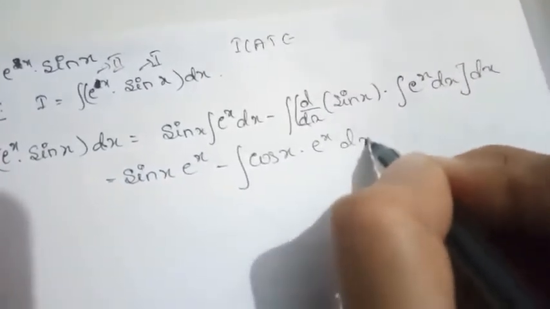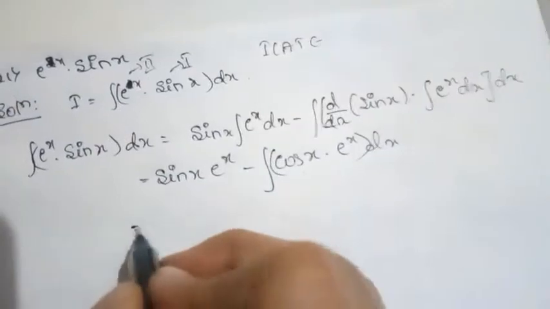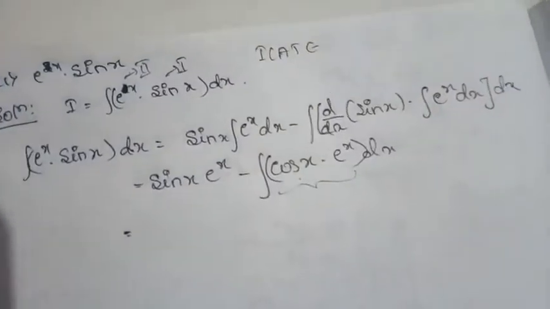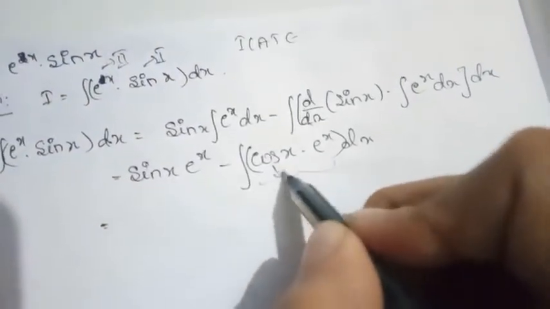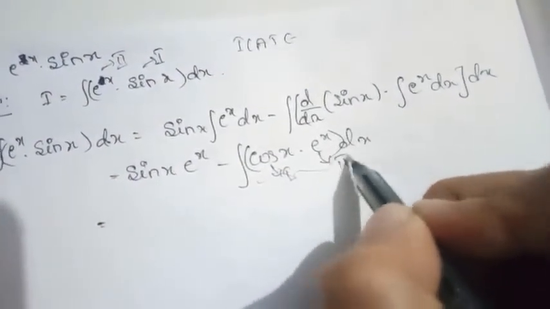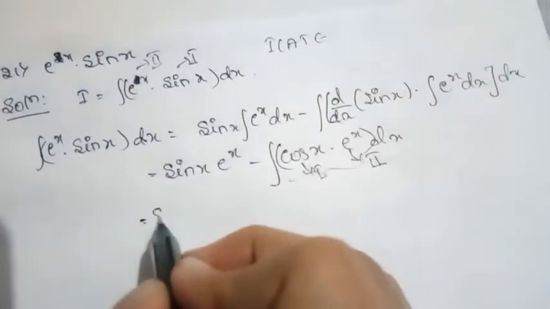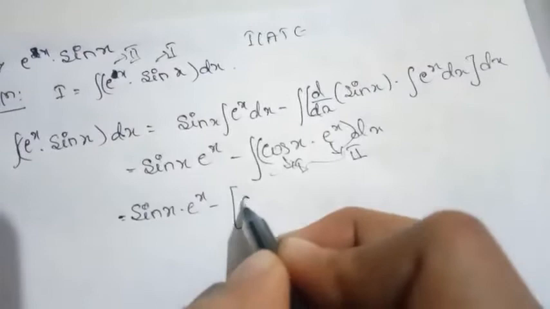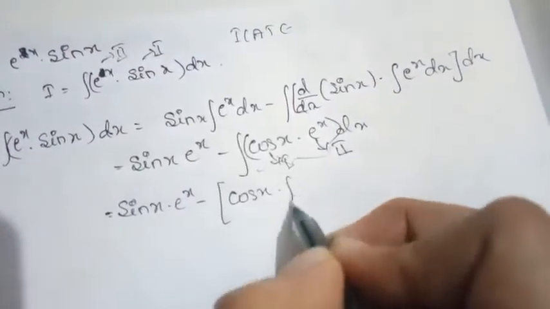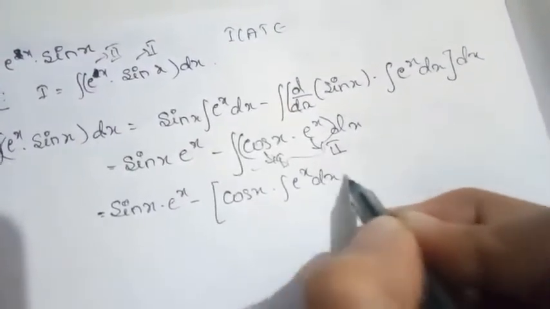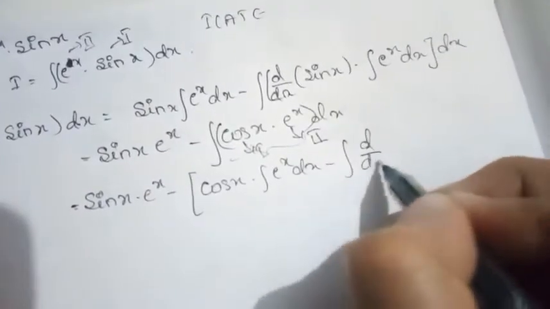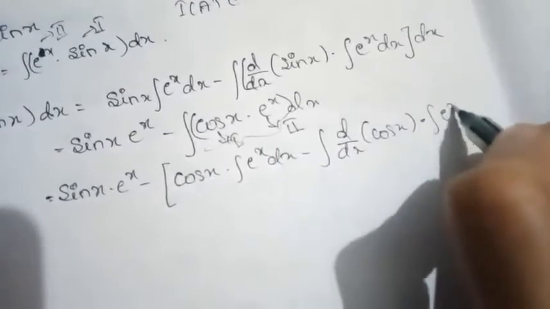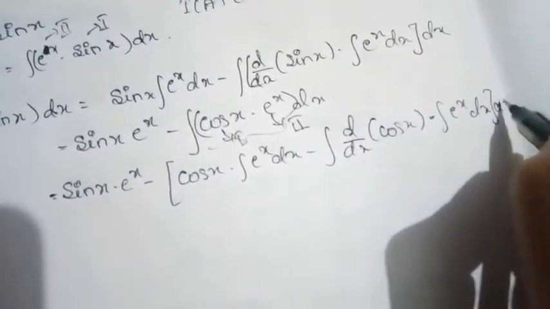Now again you can see this is the product of two functions, so again we are going to deal with integration by parts. Here cos x is the first function, e power x is the second function. So sin x into e power x, minus first function into integration of the second function, minus integration of differentiation of the first function into integration of the second function.